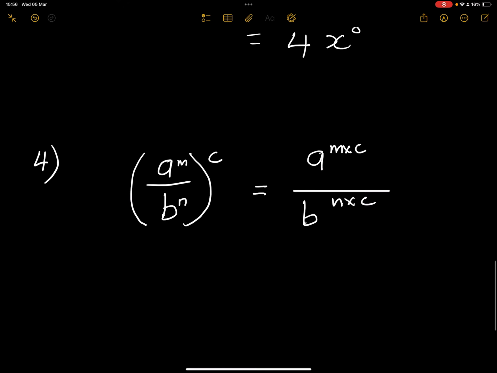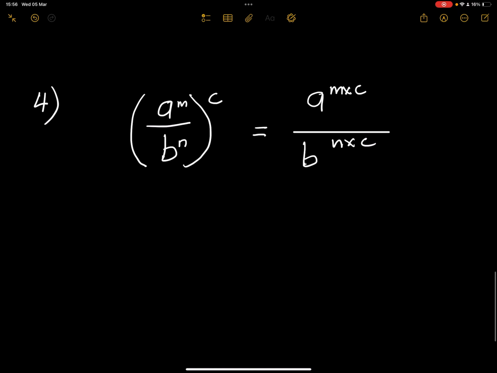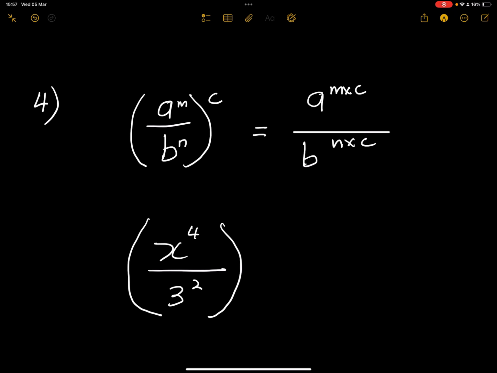Right, so let's take an example again. In fact, before I even apply those, let's say x to the power 4 divided by 3 to the power of 2, all right? And I raise this to the power of 2. What does this become?